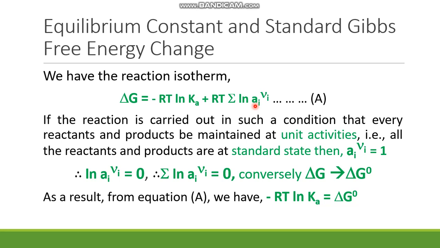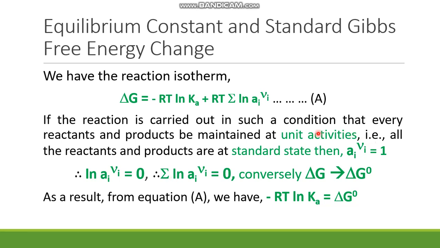And at standard state we write ai to the power nu i equals 1, because whatever the power, if the base is 1, the result is always 1. So this term becomes 0 because ln 1 is always 0, and hence its summation is also 0.